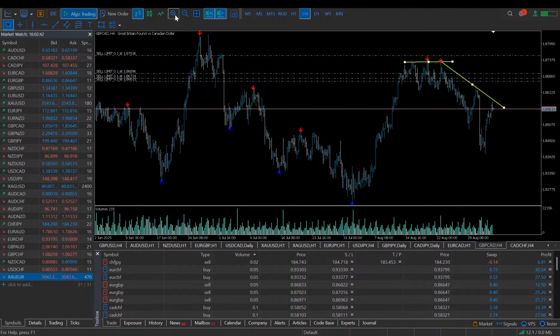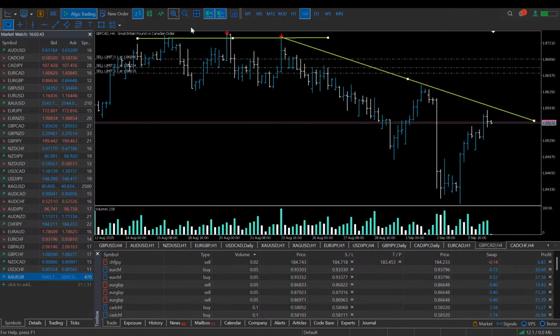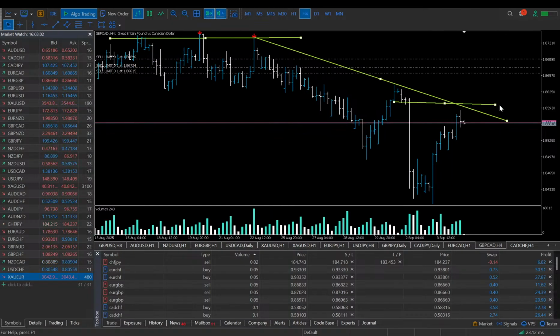In that sense, I would focus on this area here. So I'm going to put my line where I would suggest my own possible entry, which will be my own resistance.